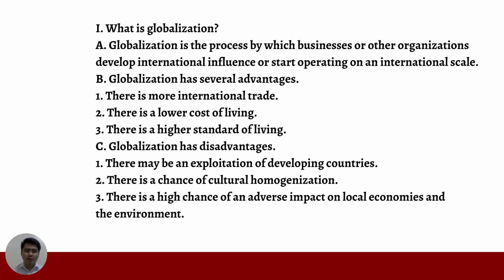So here's Roman numeral 1. That's the heading. And also under Roman numeral 1 are the subheadings A, B, and C, and the supporting details under them are being numbered. Okay.